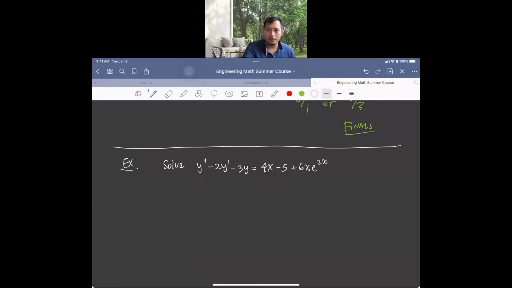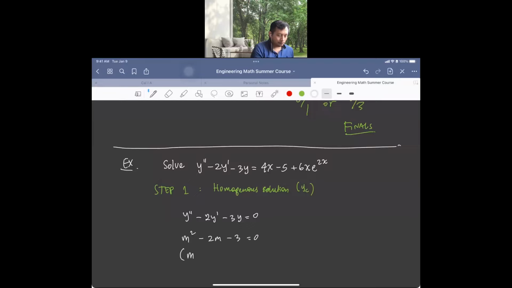We can write the equation in terms of the homogeneous, and we can say that this can be written as this.